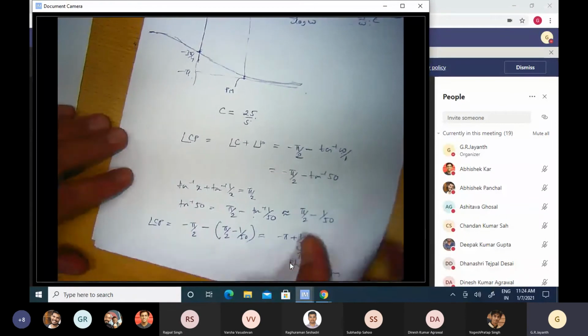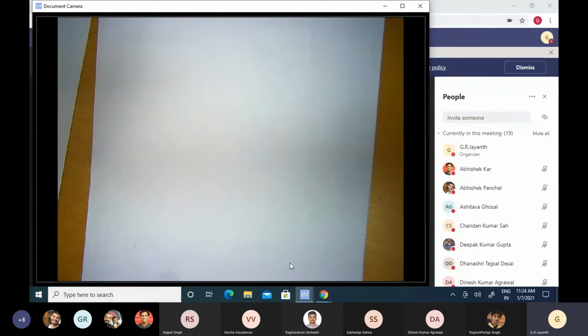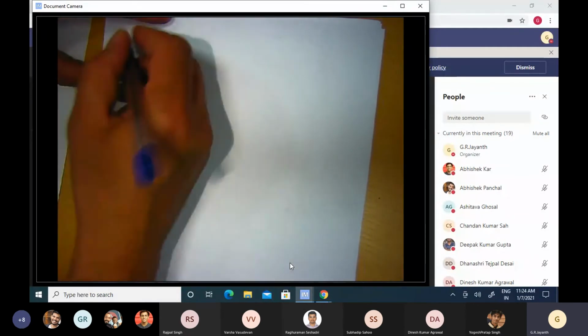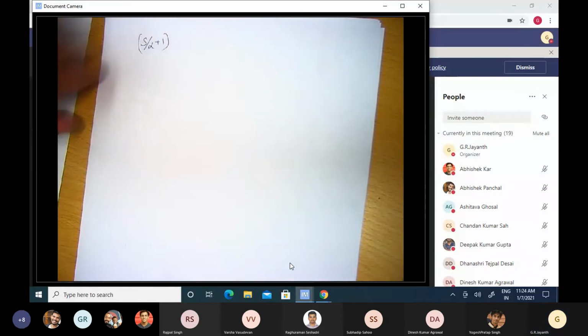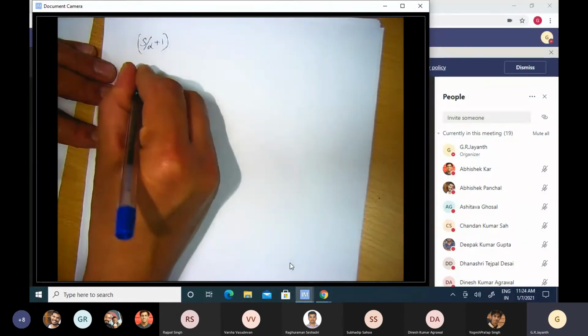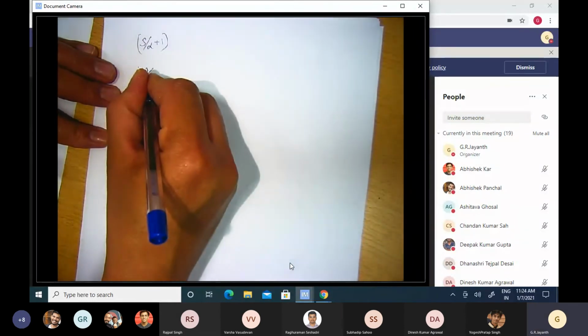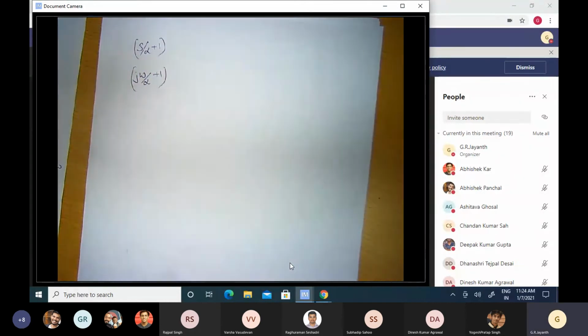Okay, so to derive inspiration, let us take a look at the Bode plot of a term that looks something like this: S by alpha plus 1. When I say Bode plot, what should I do? I should substitute S equal to j omega and write it in this particular form.